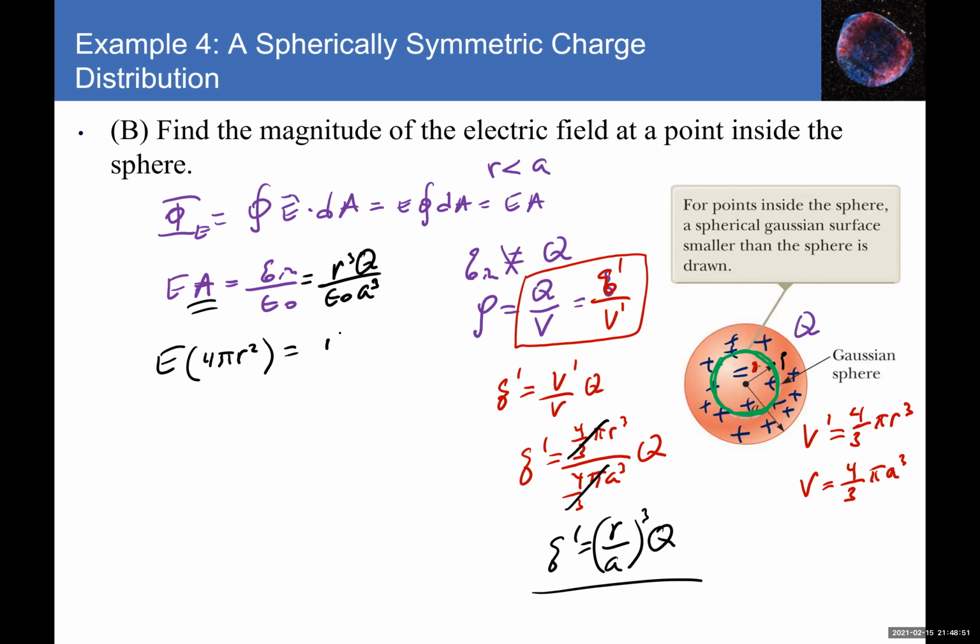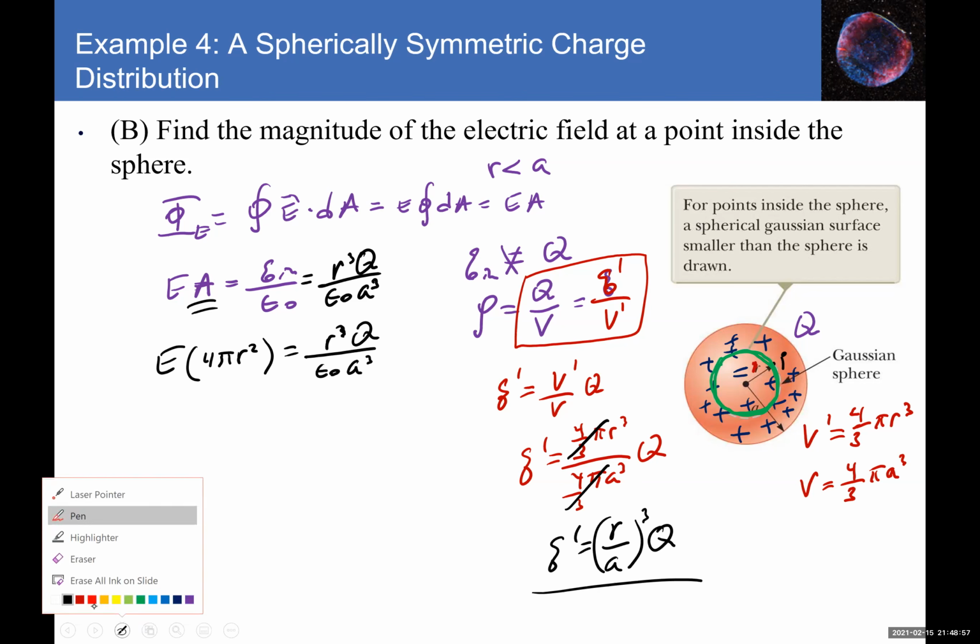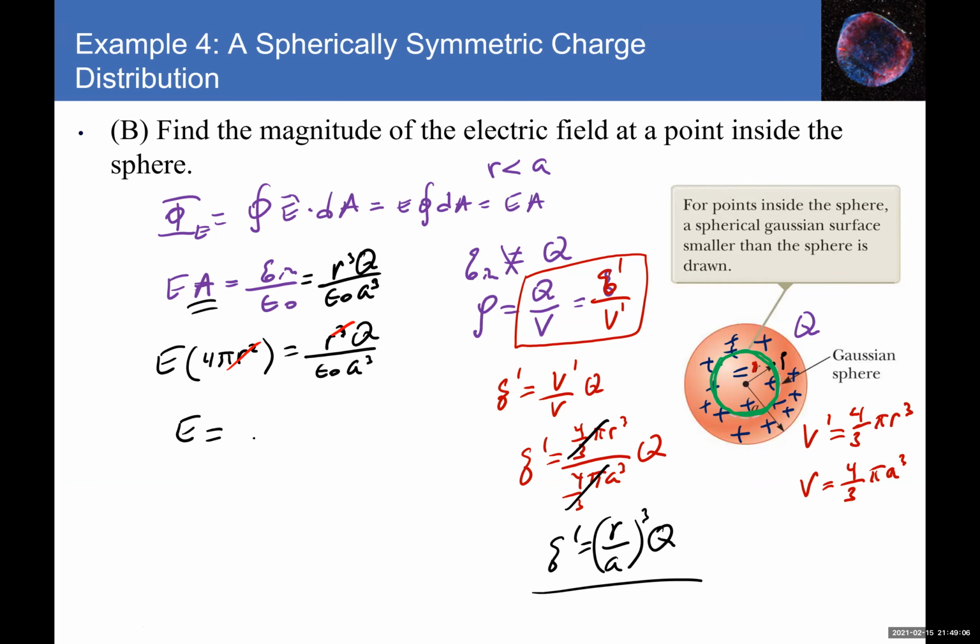And then this is equal to r cubed Q over epsilon naught a cubed. And then here I can cancel this with that. So I end up with electric field equal to Q times r, over 4 pi epsilon naught a cubed.